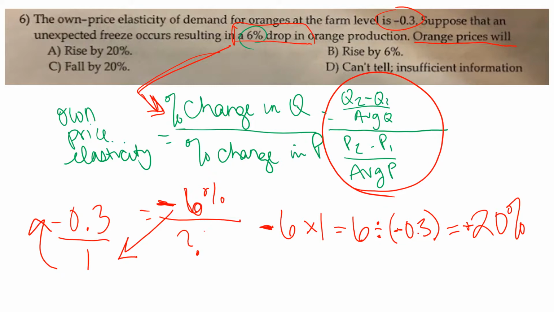So negative 6% should have been negative 6, and then we're dividing a negative by a negative. So that's going to be a rise by 20%, which makes sense: if the production has decreased, so the supply has decreased, the price will rise by 20%.